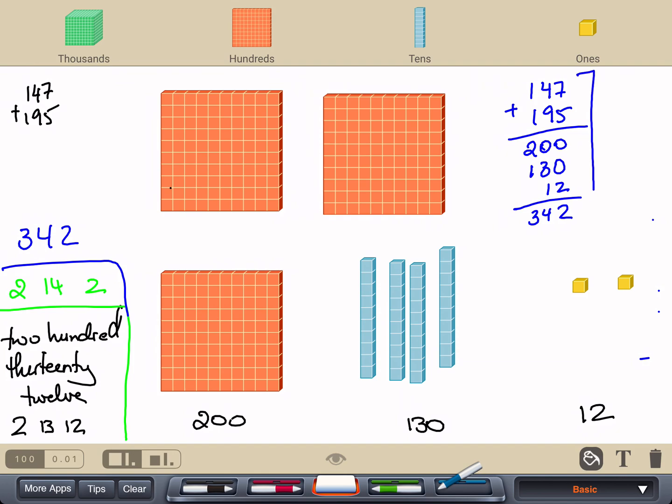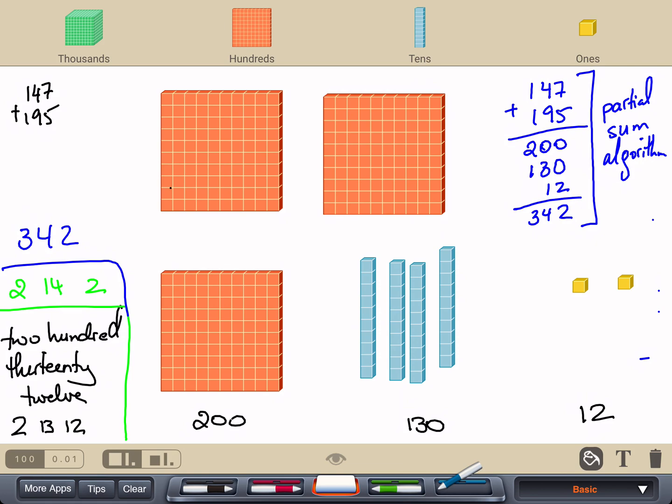So this writing looks like the standard algorithm, but it's not. It's actually called a partial sum algorithm. It's longer than the standard algorithm, but it aligns much better with what's actually happening with the base 10 blocks and place value.